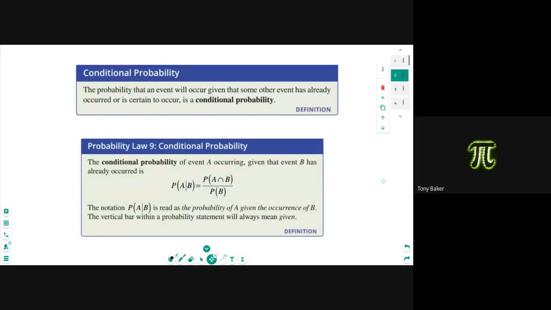All right, so the first thing we're going to look at is something known as conditional probability. Last class we were looking at how, when two things were either mutually exclusive or they had overlap, we were able to figure those pieces out. Conditional probability looks at the probability that one event happens given something has already happened.